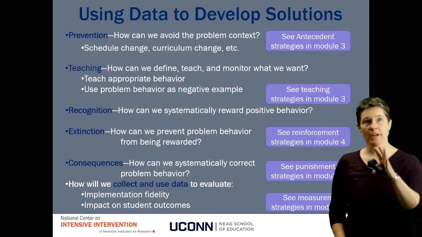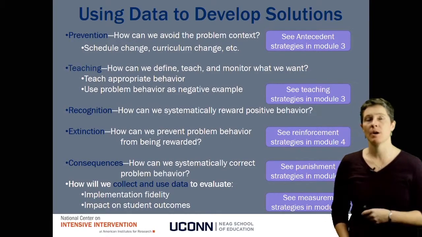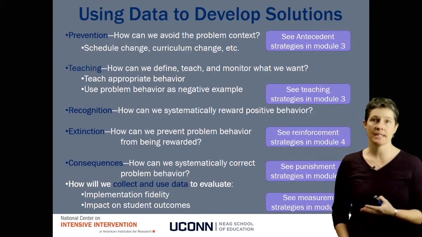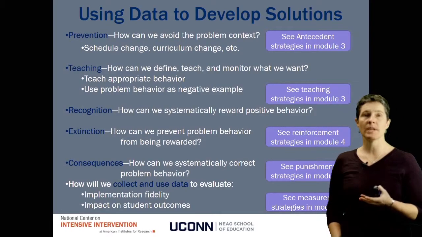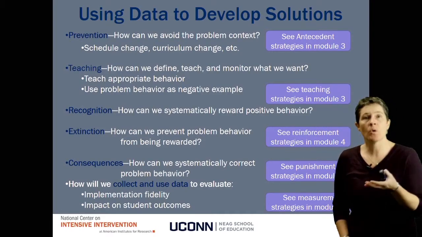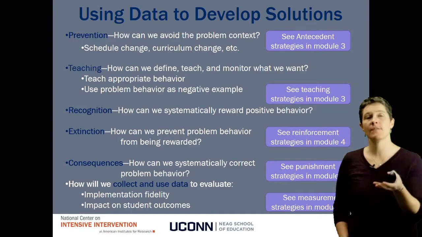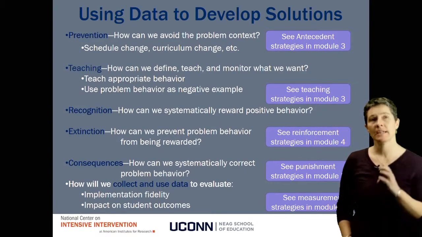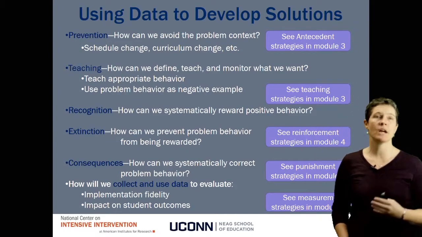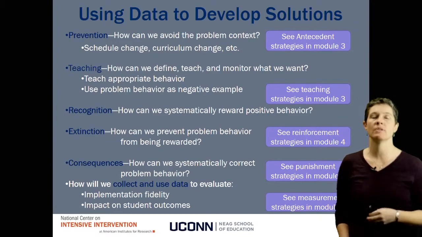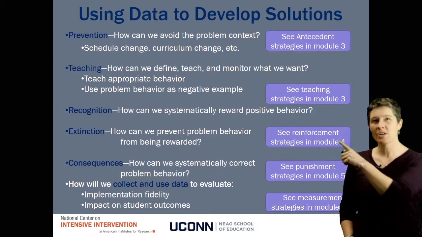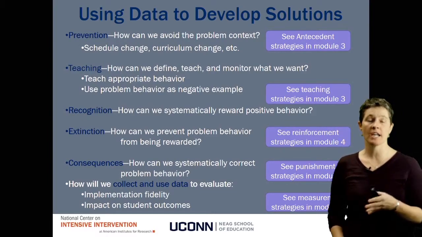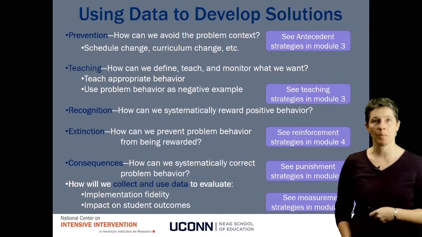After we've talked about prevention and teaching, we're going to think about recognition and extinction. What are the ways that we can systematically reward or reinforce the behavior we want to see more of? We've got to identify what we want to see more of. In this case, we want to see more on-task behavior. How do I recognize that and systematically reinforce that in my classroom? I also need to think about whether I've been previously reinforcing the inappropriate behavior.